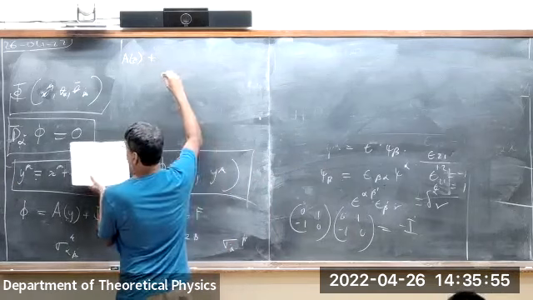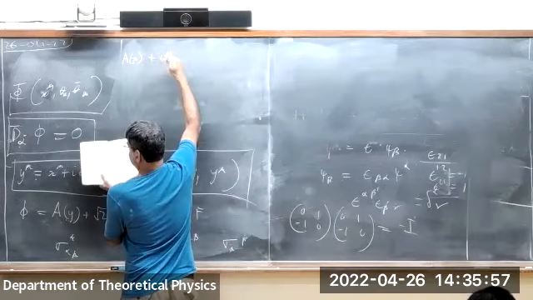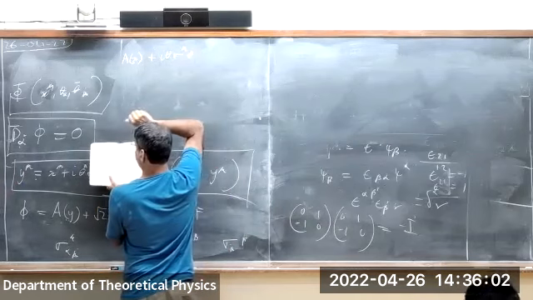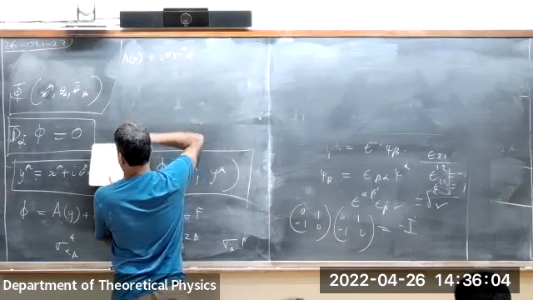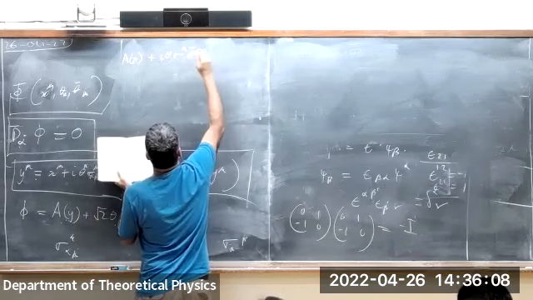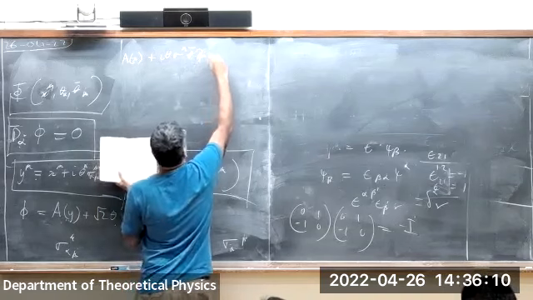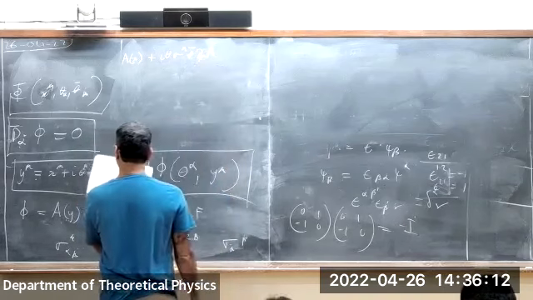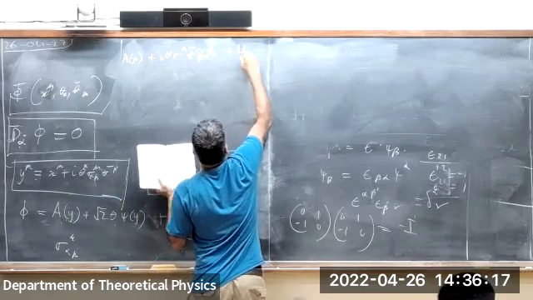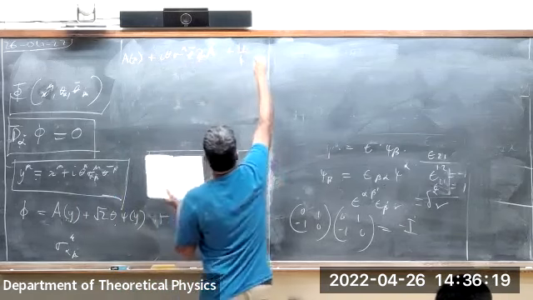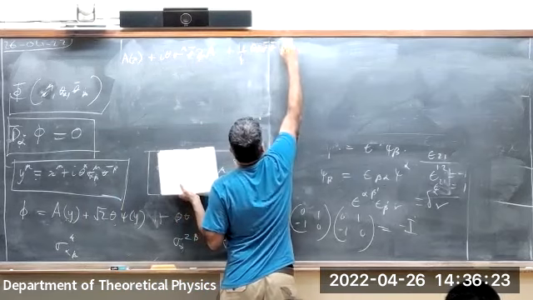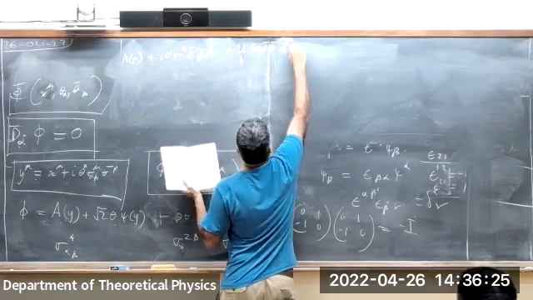A(x) plus i theta sigma^mu theta bar del_mu A plus 1/4 theta theta theta bar theta bar del squared A.